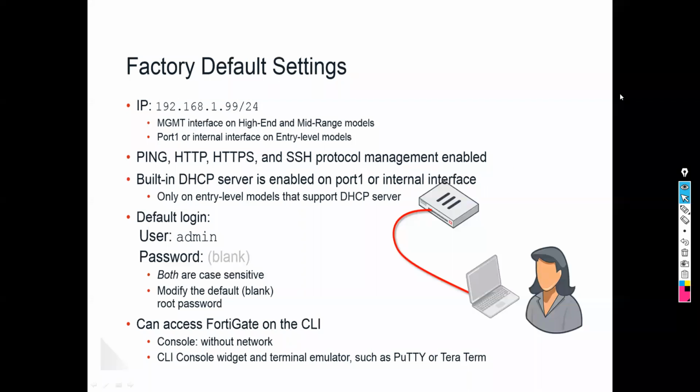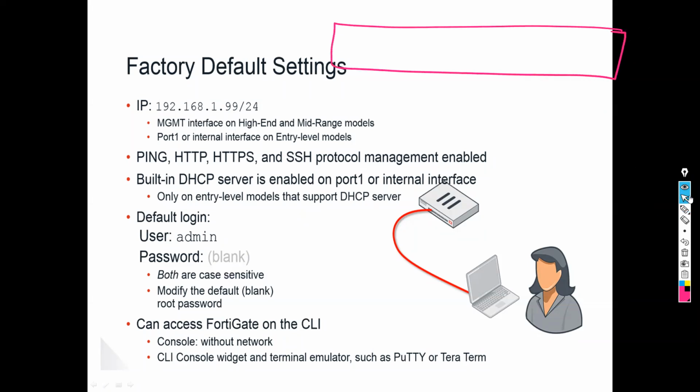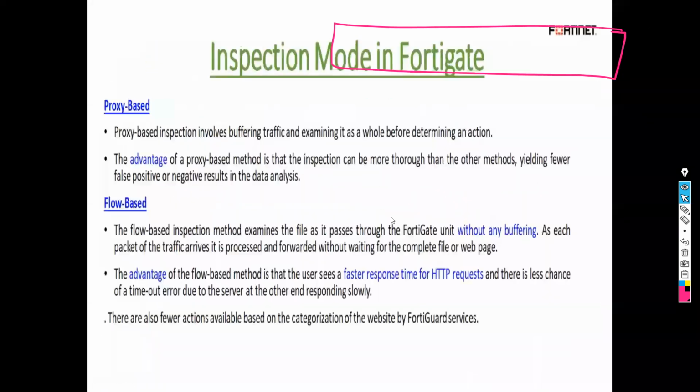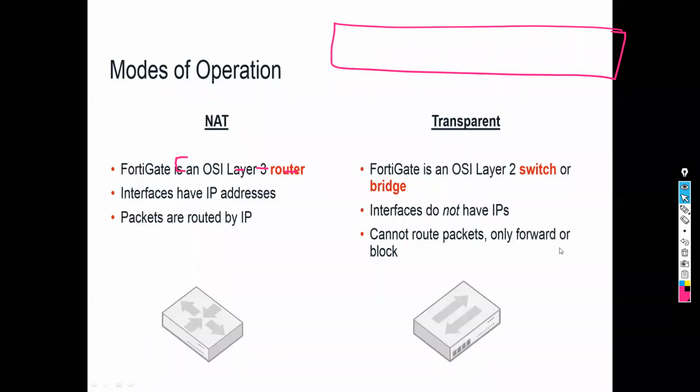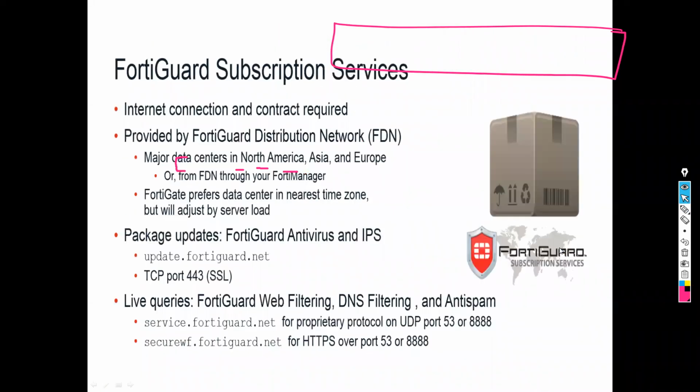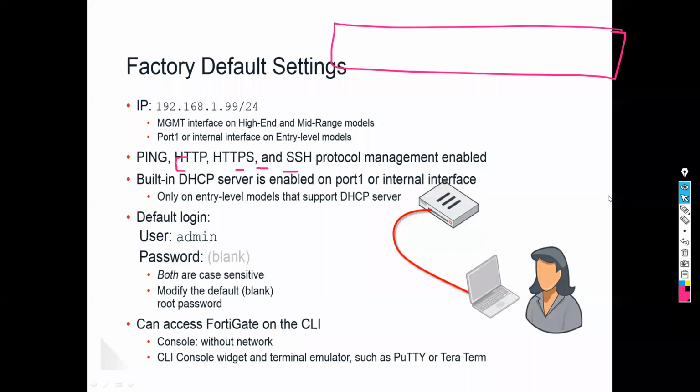Factory default setting. For example, if I have a high-end model, let me show you. These are the high-end models, Fortinet 1000, 3000, 6000 series. On a high-end model you will get a dedicated management port.